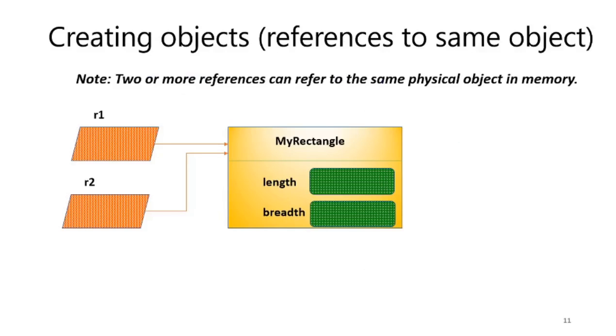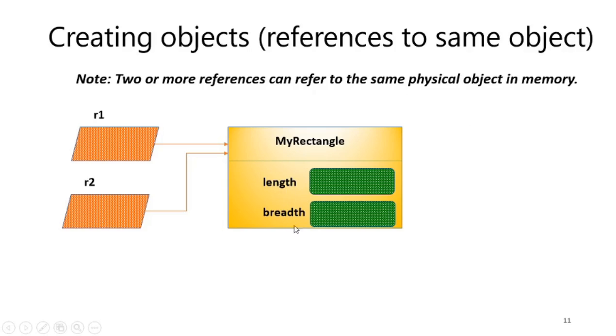The next part is references to the same object. Now see the note given here. Two or more references can refer to the same physical object in the memory. Kindly note the words same physical object. Here there is a MyRectangle class. The MyRectangle class has two members, length and breadth.